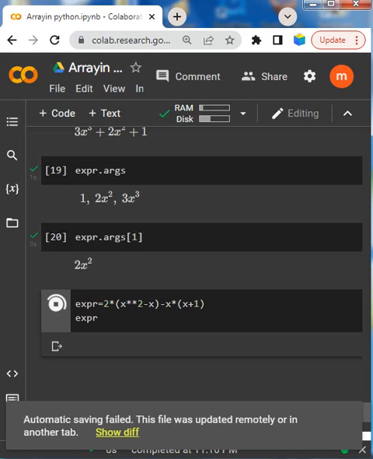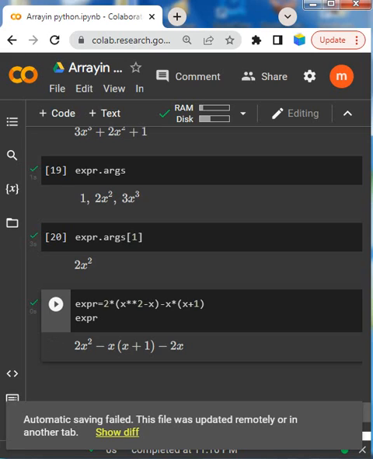This is a way to write any expression: 2x square minus x, and again x plus 1, and minus 2x.